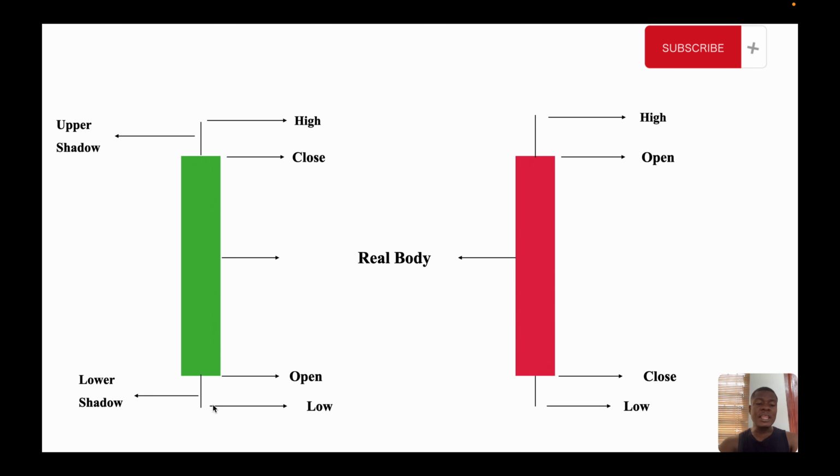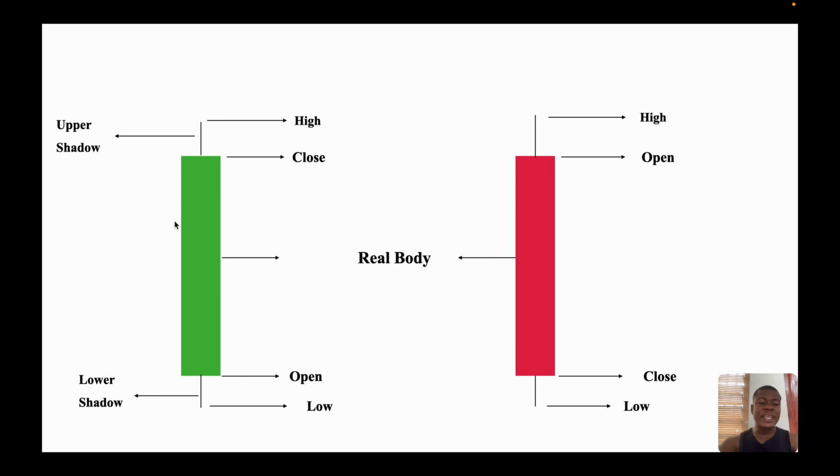The lower part of the wick or the shadow is the low, or the lowest point price got to, and then the highest point is the highest area price touched. So we have the high, we have the low, and then we have the open. Price opens at a specific price within the time frame, and then it closes at a specific price.